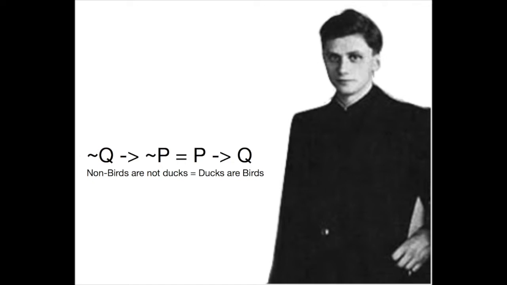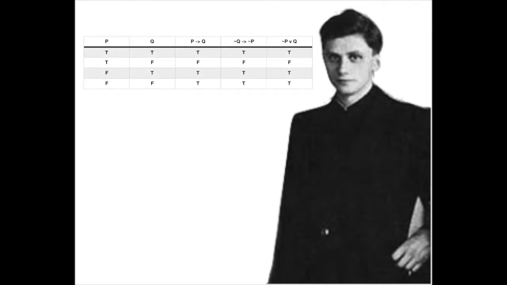On the other hand, if it isn't a duck and it is a bird, that is, it falls in the third row of our truth table, we can use a second transformation to show that it is true: not P or Q, which in this case means things are either non-ducks or birds or both. Our non-duck bird is clearly evidence that this statement is true, and because this statement is logically equivalent to "ducks are birds," it follows that our non-duck bird is evidence for the statement that ducks are birds.